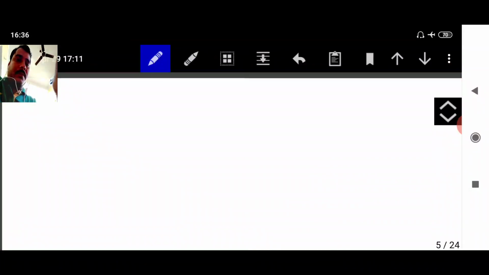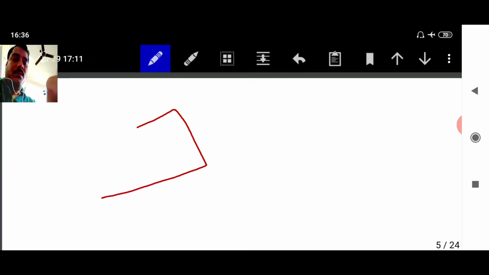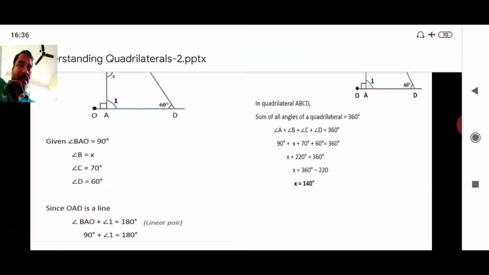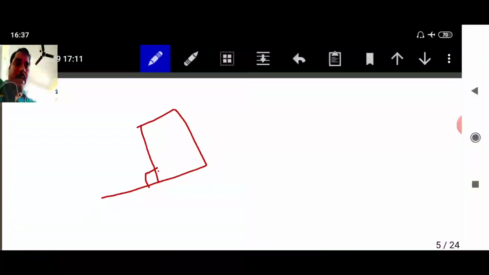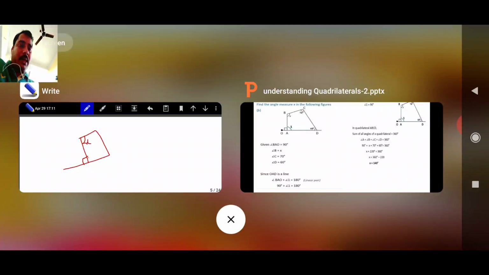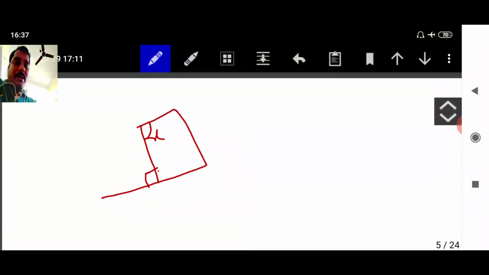This is a figure. This is 90 degrees. This angle equal to x, this angle 70 and 60.